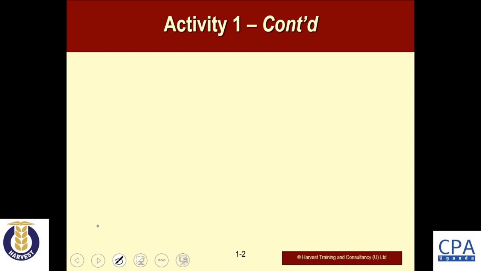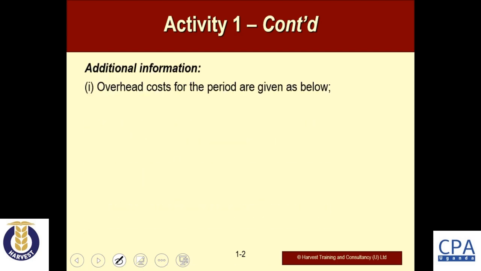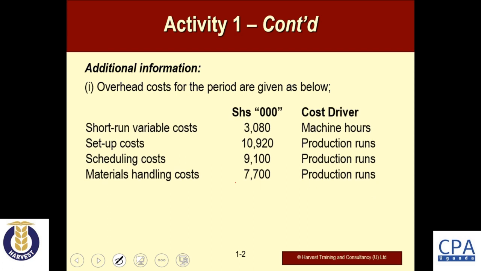We are given additional information on slide number 2, and we are told the overhead costs of the period were given as below. In our previous lecture, we saw that the total of these overheads comes to 30,800,000.